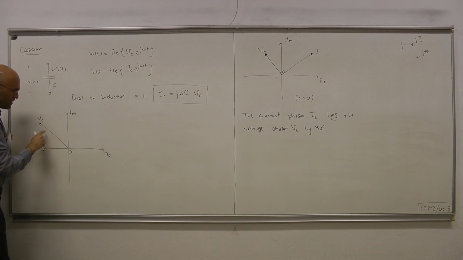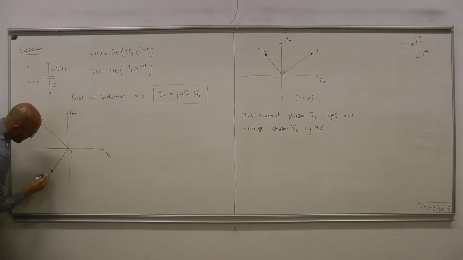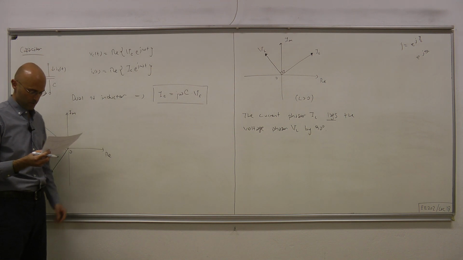So if this is VC, we have to have IC here, where the separation is 90 degrees.